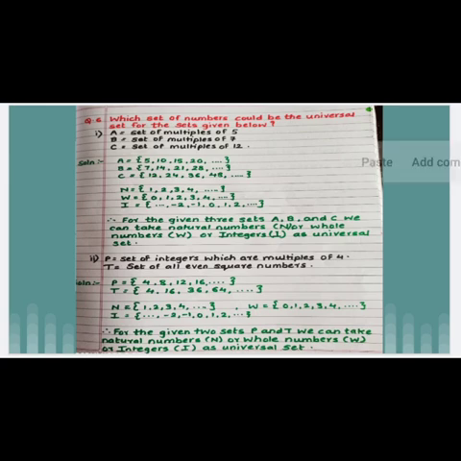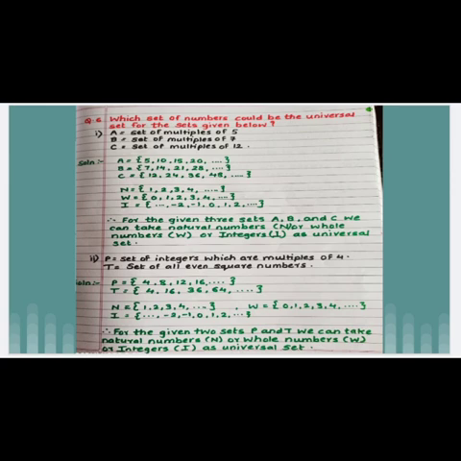Why did we not mention the squares of 1 and 3? Because they are odd squares and we need only even squares. Understood? Again for sets P and T, you can take any one set from natural numbers, whole numbers and integers as a universal set.